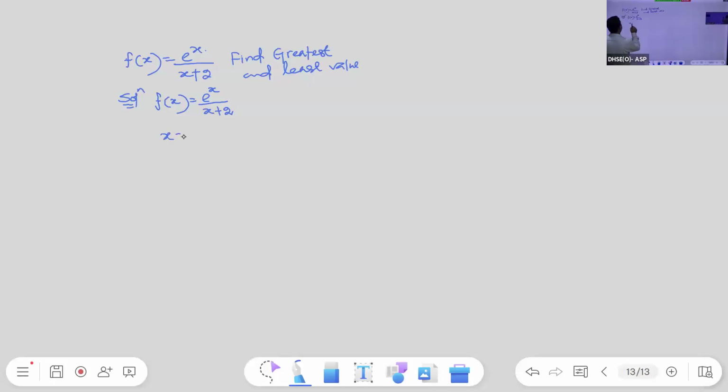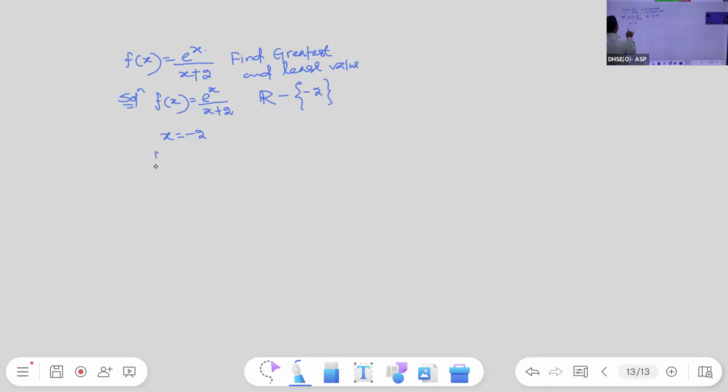So x equal to -2 is one of the points where we have to find the value of the function, and then the points of local maximum and local minimum. The domain of the function is R minus {-2}.